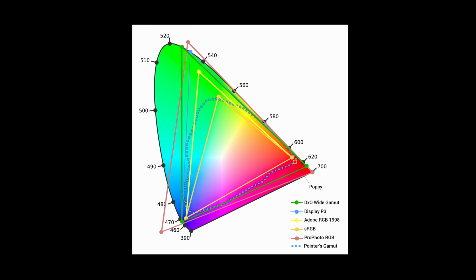Now, above that, or with more colours than that, there is DxO wide gamut. Now, DxO wide gamut is particular to DxO software. It's a bigger space than Adobe RGB. You would still be converting your photograph to sRGB at the end of the workflow, but it will give you more access to more colours.